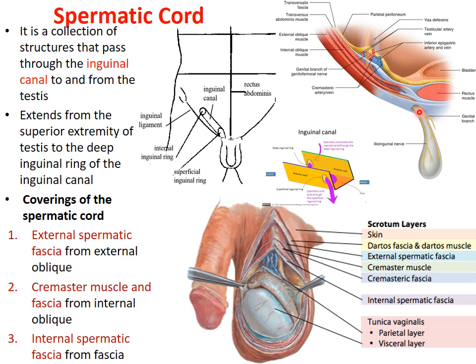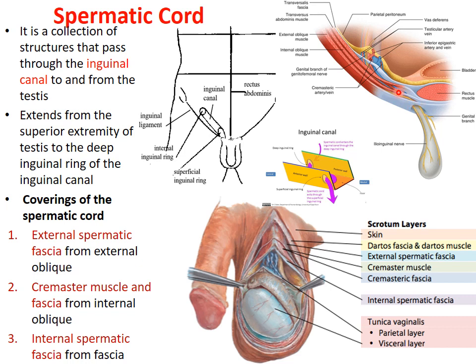Now this spermatic cord has to enter into the abdominal cavity, and it has to penetrate the wall. But the wall is not composed of one muscle, it is composed of three muscles, right? So it has to pierce the three muscles together, and then the peritoneal layer, the parietal peritoneum, and then come into the abdominal cavity.